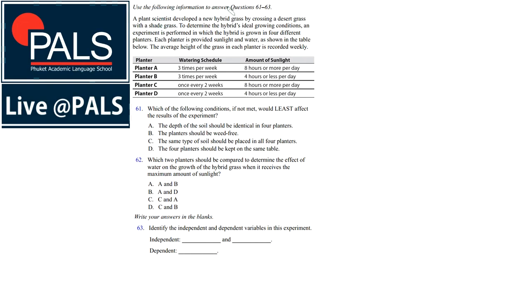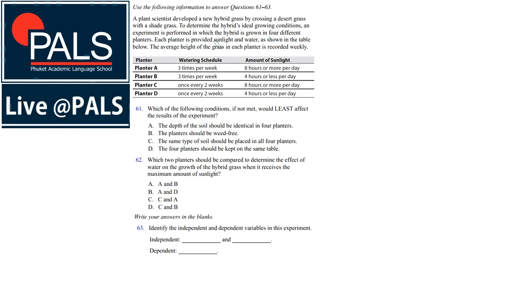Use the following information to answer question 61 to 63. A plant scientist developed a new hybrid grass by crossing a desert grass with a shade grass. To determine the hybrid's ideal growing conditions, an experiment is performed in which the hybrid is grown in 4 different planters.